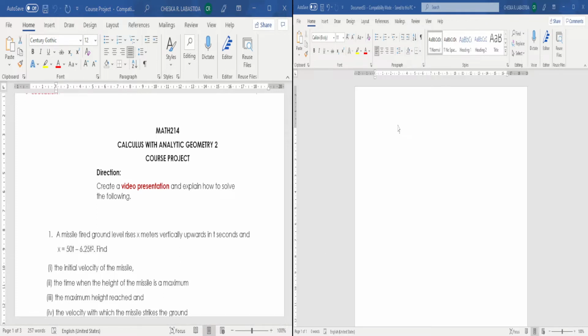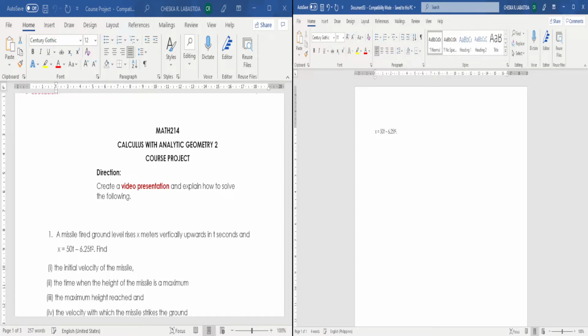Okay, so to find the initial velocity of the missile, we need to differentiate the function. x is equal to 50t minus 6.25t squared.